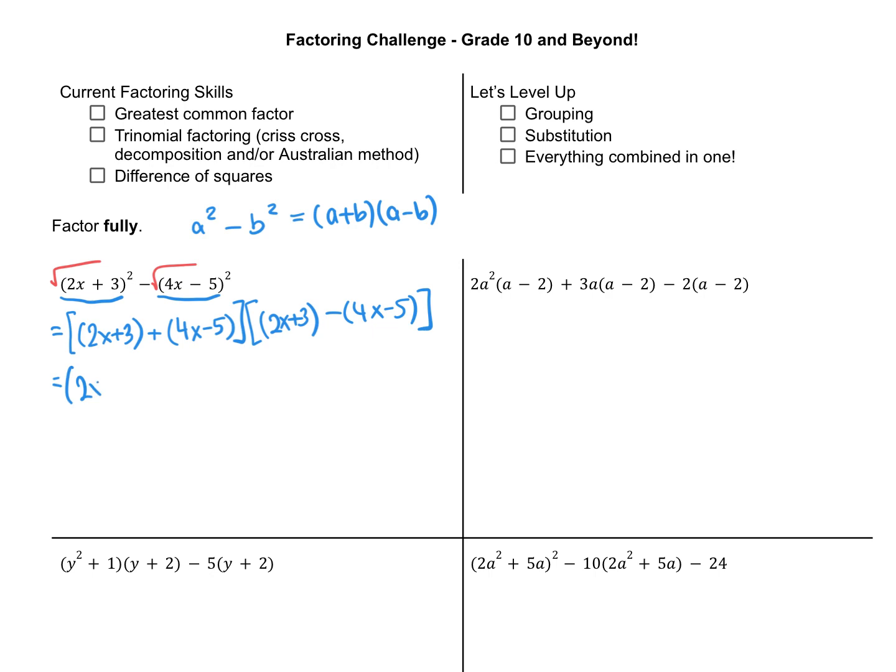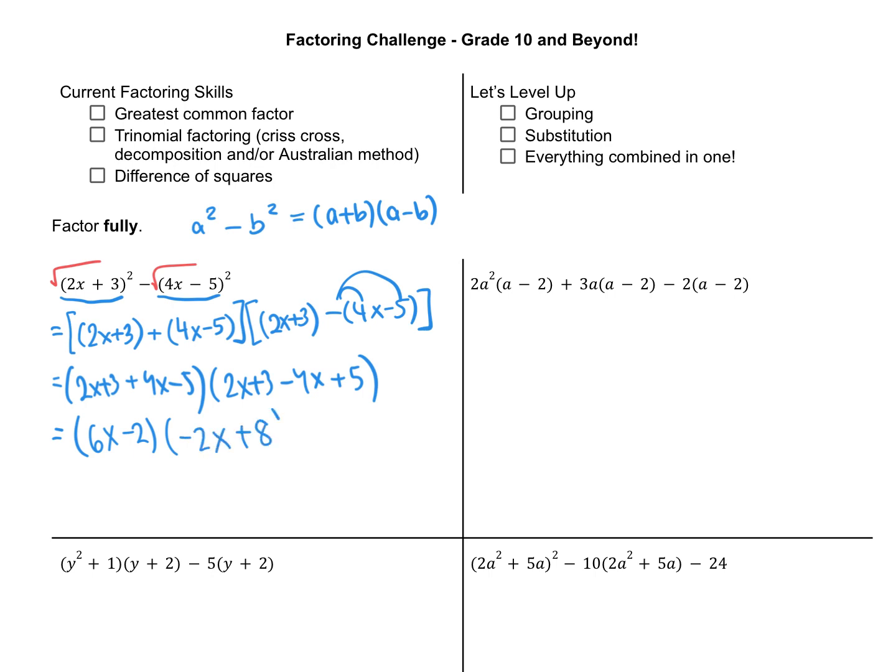So I have 2x plus 3 plus 4x minus 5, and then 2x plus 3 minus 4x plus 5 because of that double negative. Now we can just collect the like terms in each bracket so that we have 6x minus 2 and then negative 2x plus 8. Now when I look at this, each of my brackets has a greatest common factor inside.